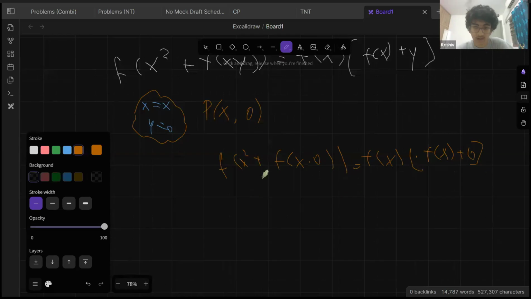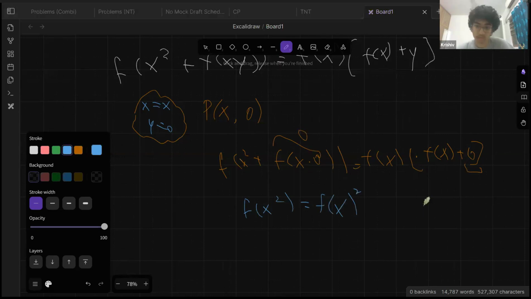This expands out to, we know that x times 0 is 0, and we know that f of 0 is 0. So this will just be 0, and this is 0 anyways. So we get the equation f of x squared is equal to f of x the whole square.